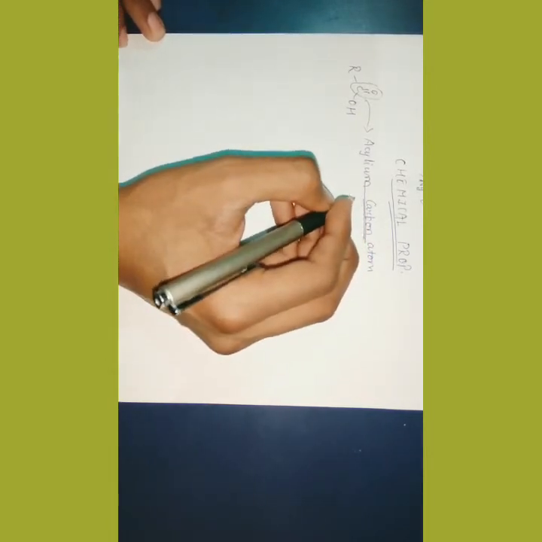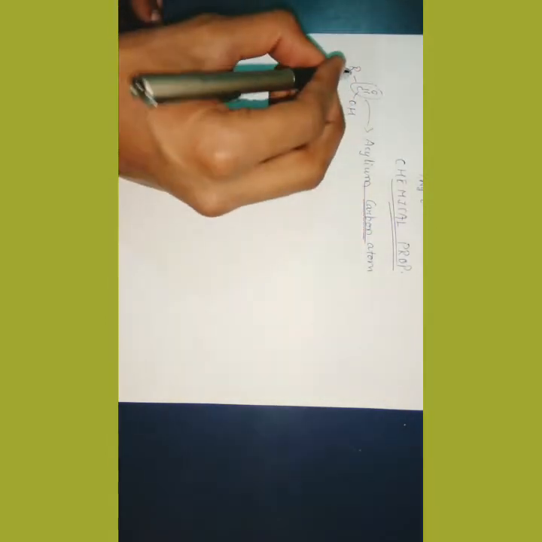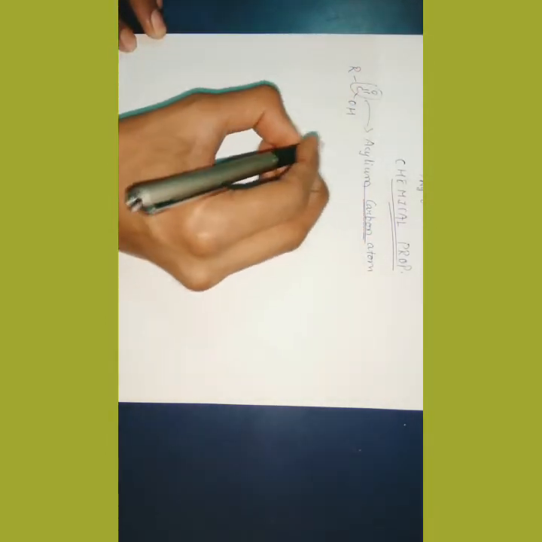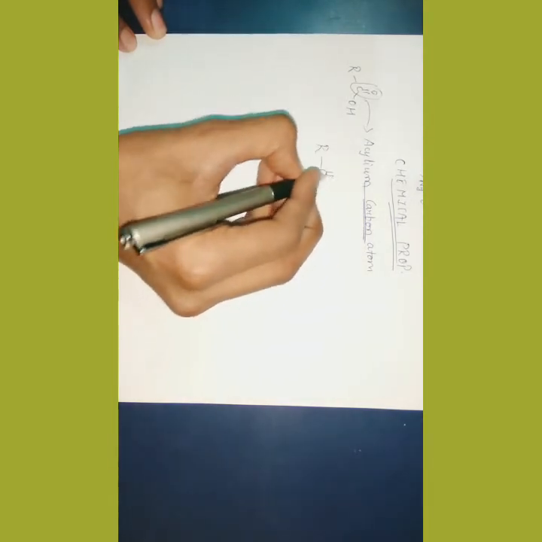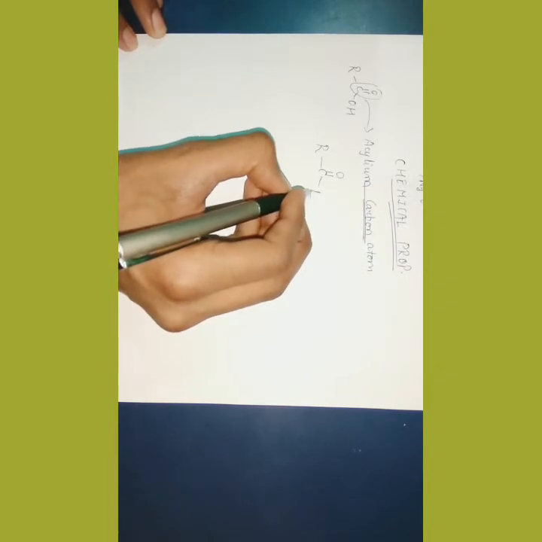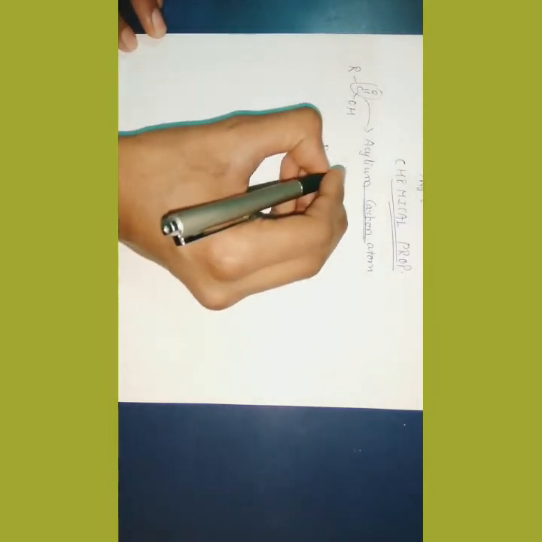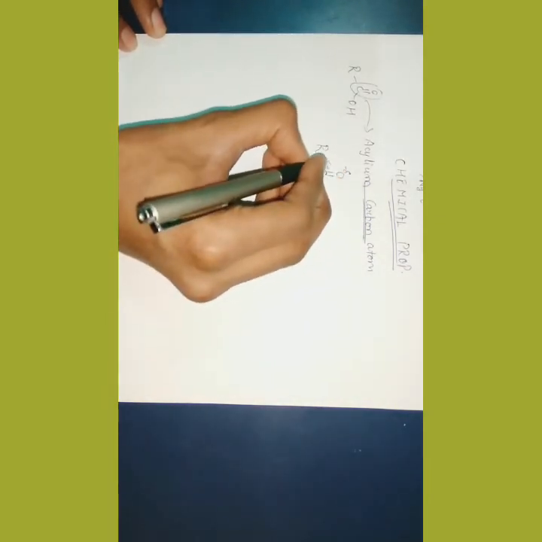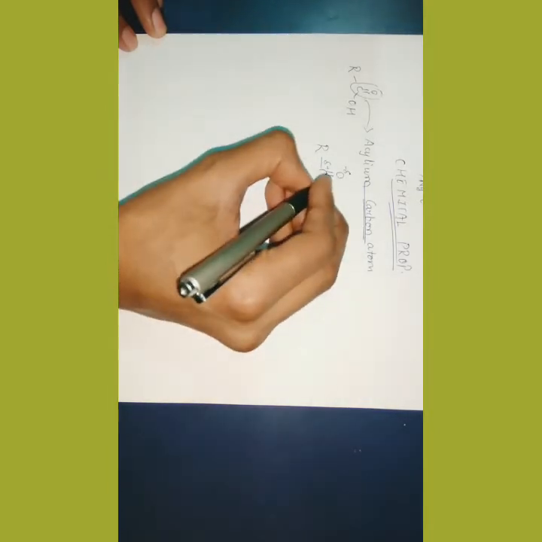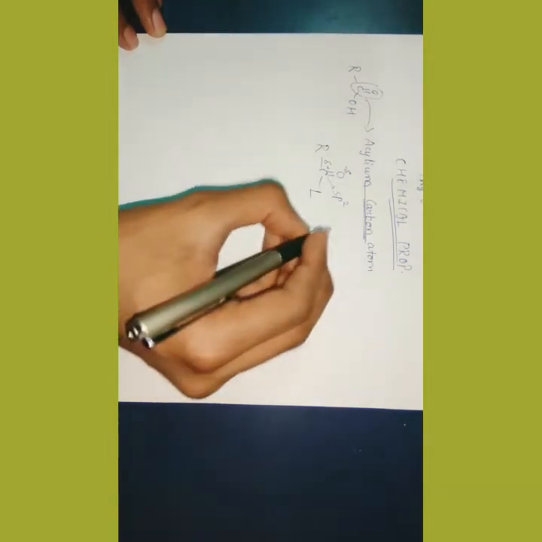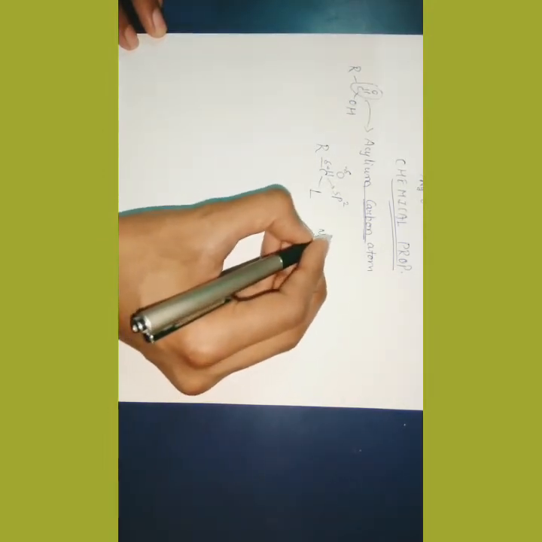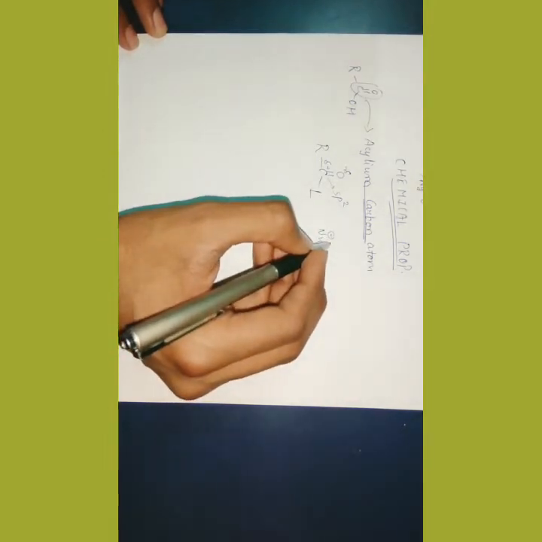That means nucleophilic substitution, addition and elimination will take place over this carbon. Let me explain in depth. Assume this L is the leaving group. Oxygen will have a partial negative and carbon a partial positive charge, and this is an sp2 carbon. A nucleophile with a negative charge is coming.